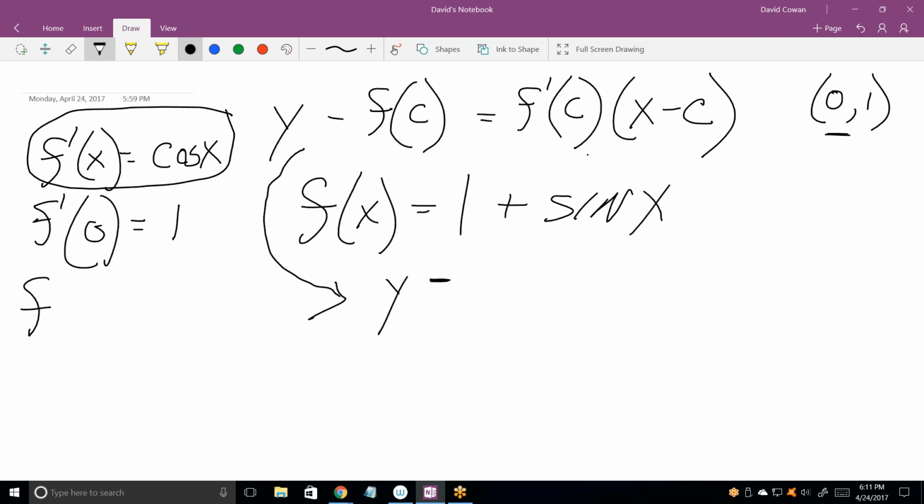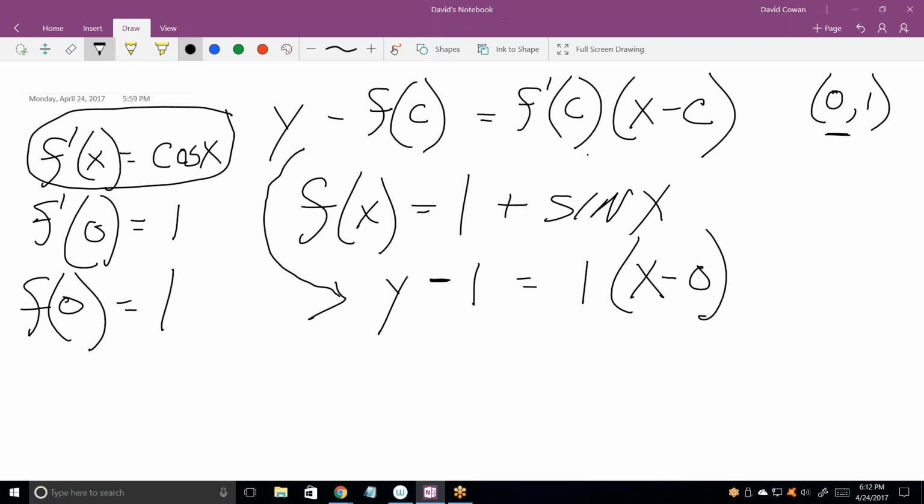We need f of 0 also because we need f of c. Here's our function, 1 plus sine x. What's it equal to? 1. So I've got y minus f of c, which is 1, equals f prime of 0, which is also 1, times x minus 0. And this turns into, quite easily, x plus 1.